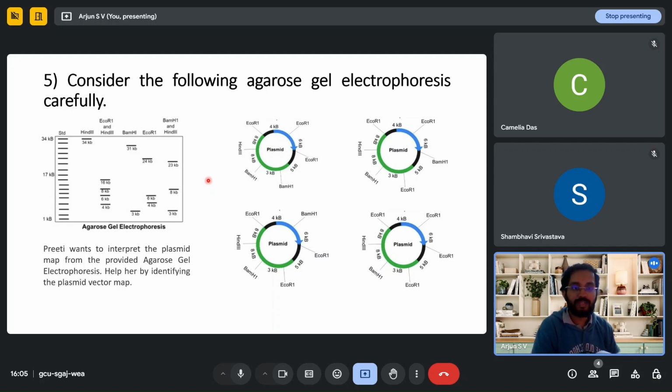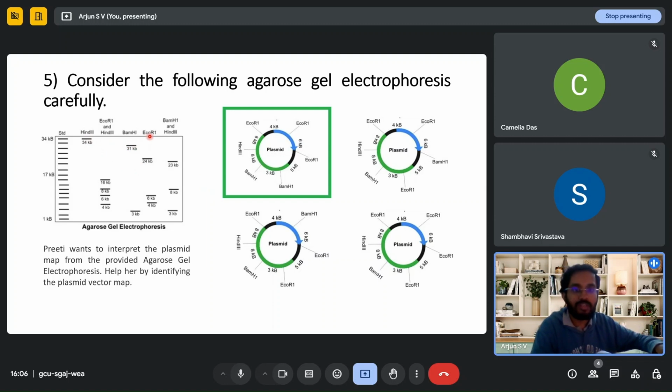They are given four plasmid maps, and we also solved this using a hint: the number of bands generated under a particular restriction enzyme will almost always be equal to the number of restriction sites for that enzyme. Based on that and the band size each enzyme gives, especially in the case of HindIII, BamH1 and EcoR1 as well, we came to know that option 1 is the correct answer.